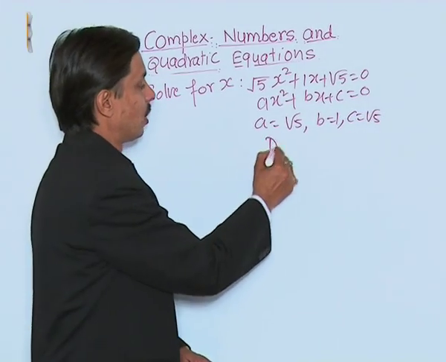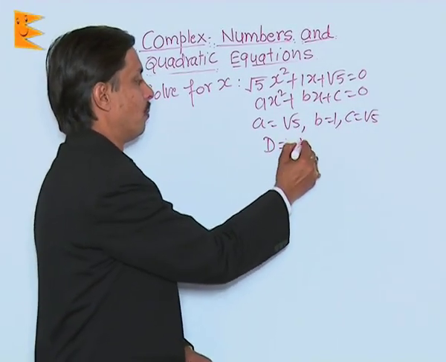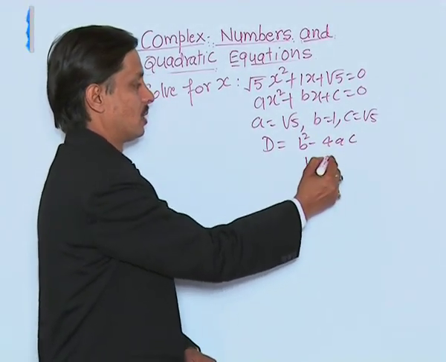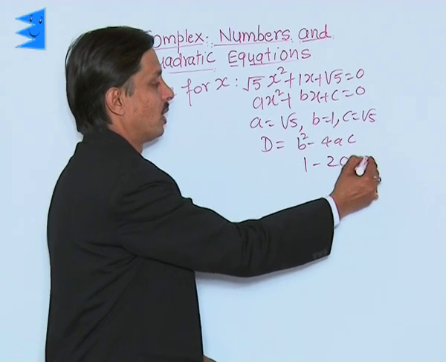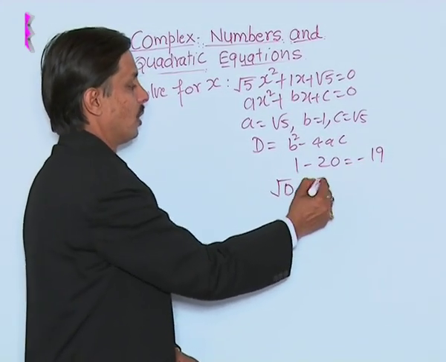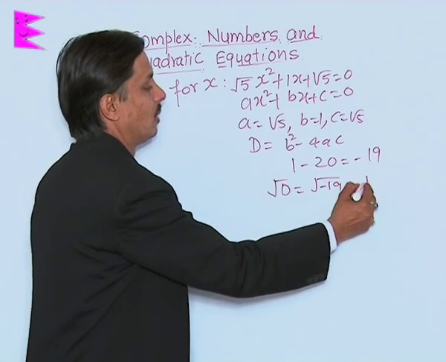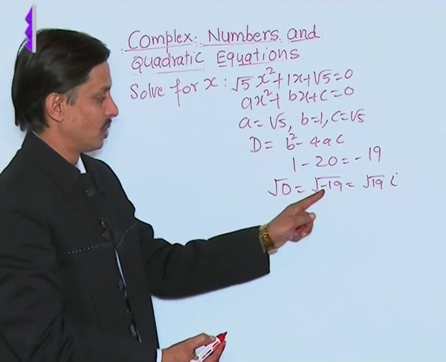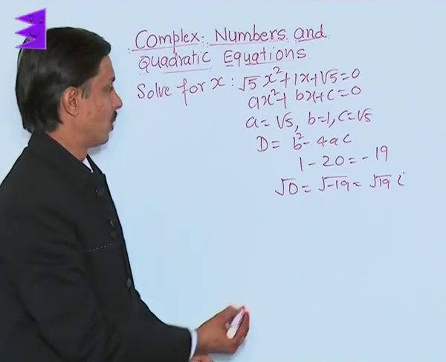The discriminant of this problem, b square minus 4ac, is 1 minus 20, that is minus 19. So root of D becomes root of minus 19, which is root 19 iota, because to remove this negative we need to put iota.